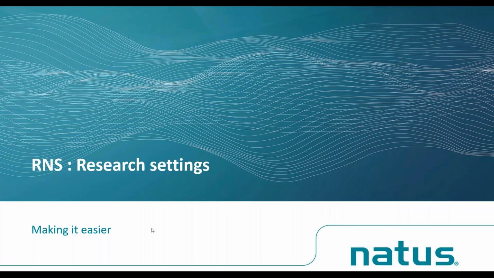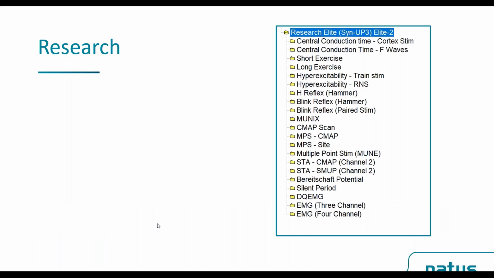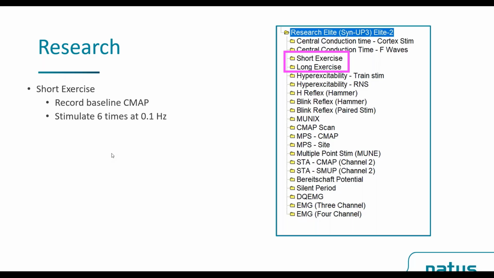When it comes to research setting, well, we can use different protocols, and you will find them in the research folder. Specifically, there are two tests. There is something called short exercise test and a long exercise test. So in a short exercise test, you always begin by recording the baseline compound muscle action potential. And we are going to stimulate the nerve 6 times at 0.1 hertz. That means you are going to stimulate once every 10 seconds. So it takes about 1 minute to complete the train of stimuli.